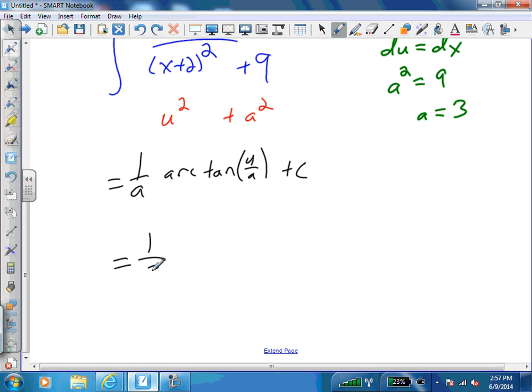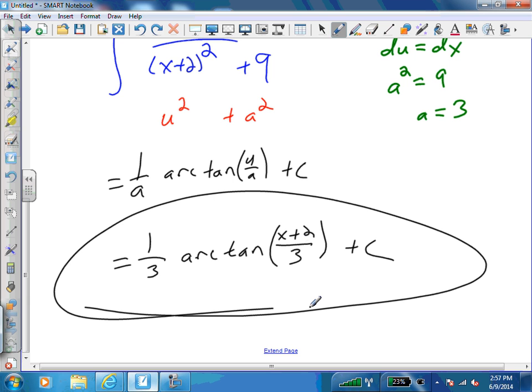So 1 over 3 arctangent of u over a plus c. Don't fall into the trap of trying to multiply those together, because this is inside our function. We're taking arctangent of this expression before we multiply that times 1/3, so you can't simply multiply those 3's together.